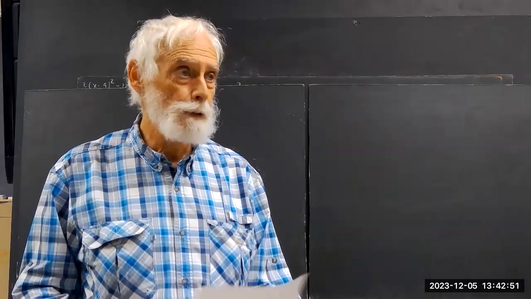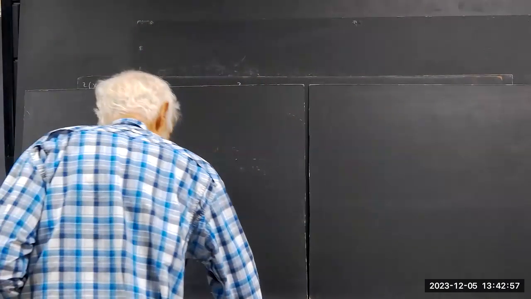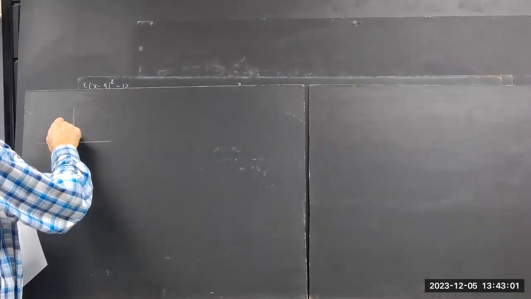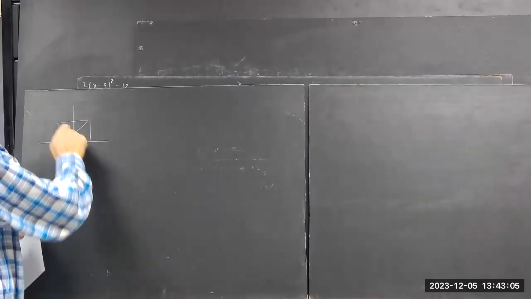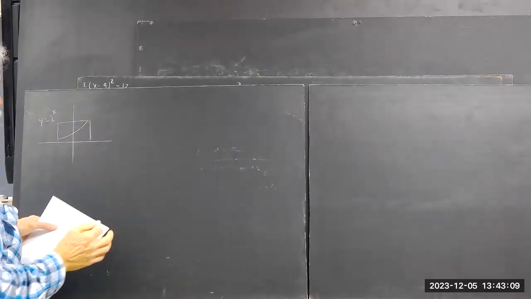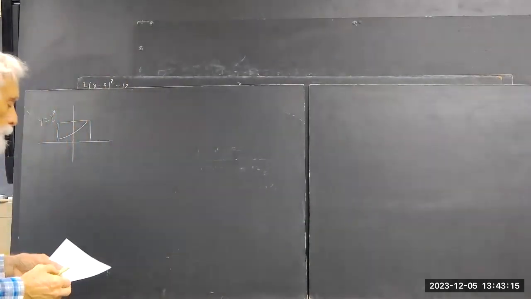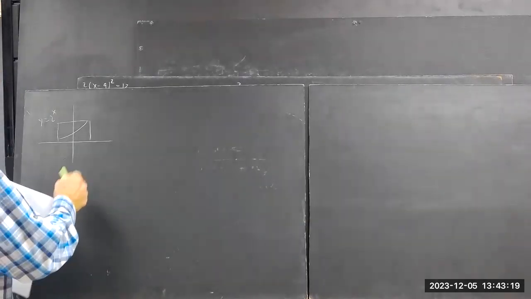Number one, I'll show you here. I'm not going to write the problem down. You start by graphing an exponential function. Then we vertically stretch this thing by a factor of 0.4.